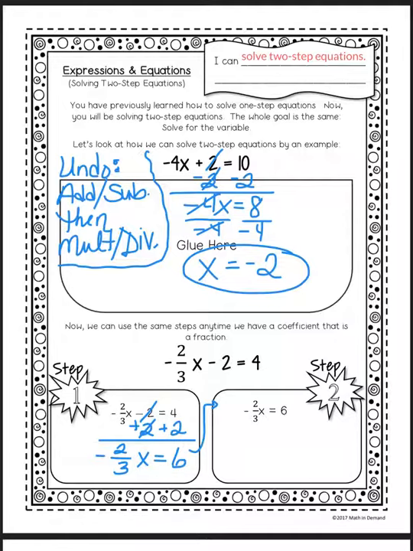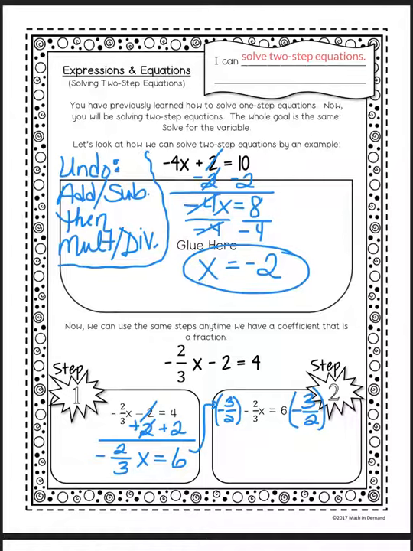So to basically undo multiplying by a fraction, we multiply by the reciprocal. The reciprocal of negative 2/3 is negative 3/2. And then we're going to divide, or multiply, the right side by negative 3/2.